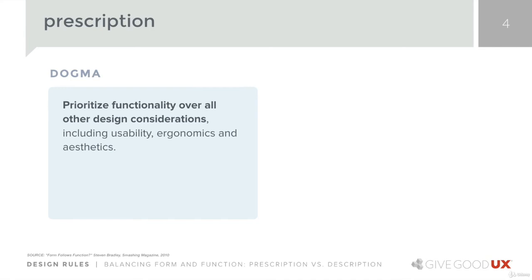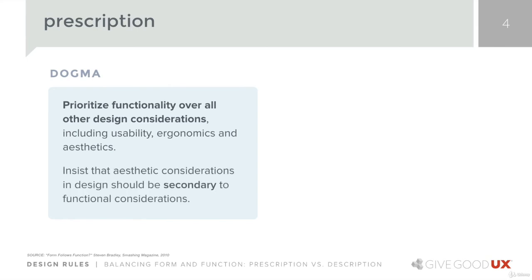On the prescription side, it gets approached like this. It becomes dogma, it becomes these blind things that we follow, right? We have to prioritize functionality over all other design considerations, including usability, ergonomics, and aesthetics. This is what frustrates the hell out of most UX people, UI designers, and many front-end developers who have human-centric sensibilities.